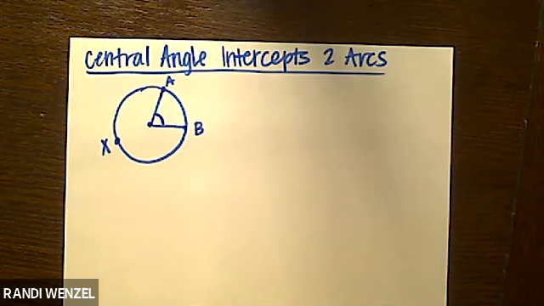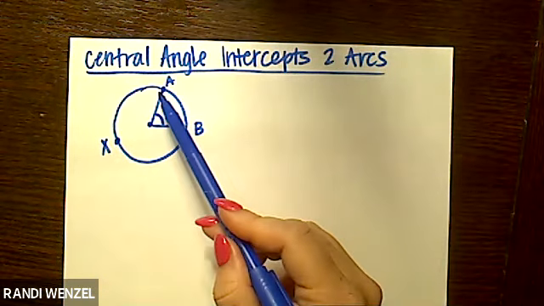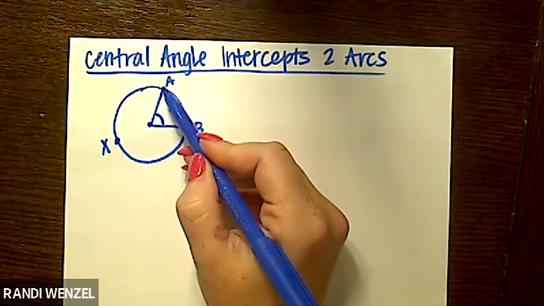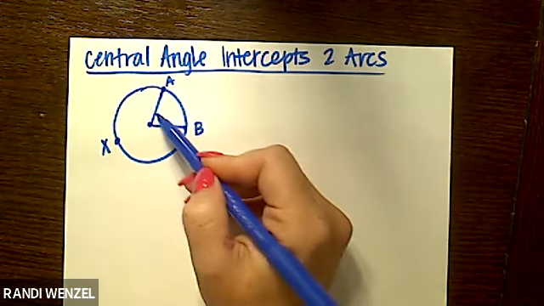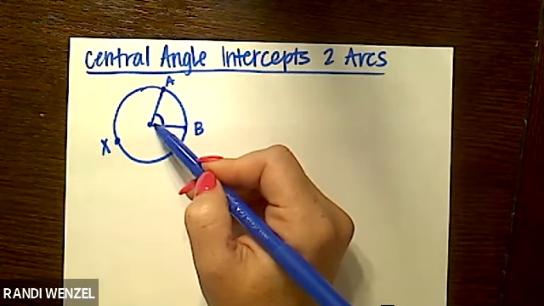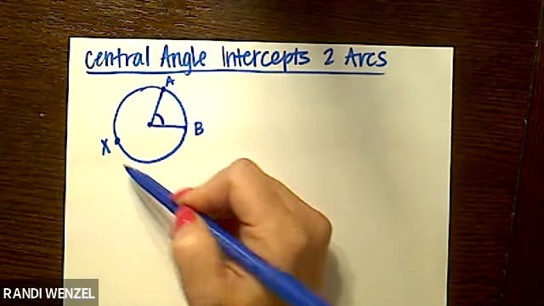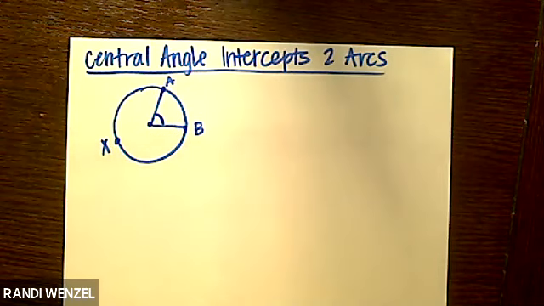When I say it intercepts, that means it creates two arcs, because these two radii form this angle. And so this angle is creating two arcs, this one here and this larger one out here. These have two different names based on their size.